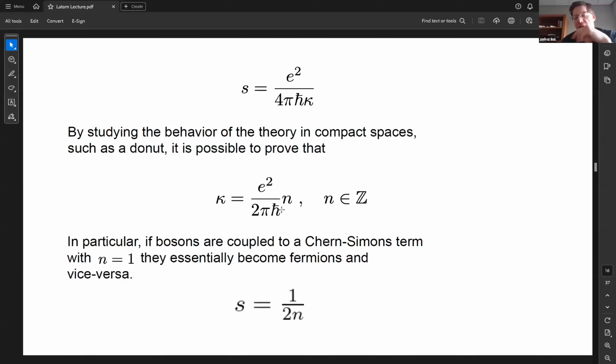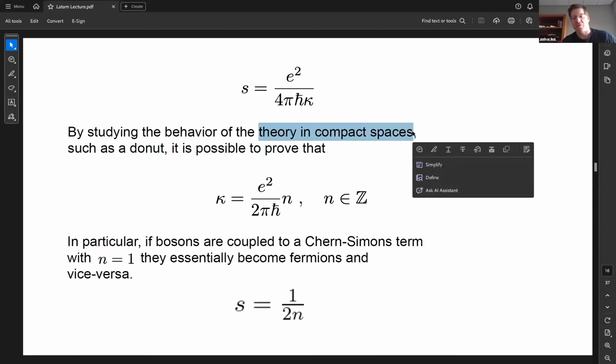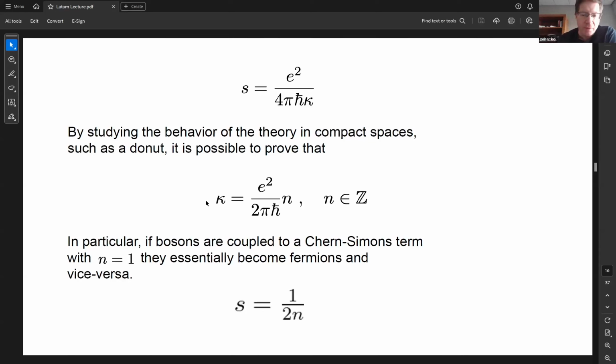So roughly speaking, you can say that this comes from requiring that the theory makes sense in compact space. That's what I wrote here. Physically we require that the theory would make sense in compact space, and that's why we get this quantization condition quantum mechanically. Classically, it doesn't constrain kappa.